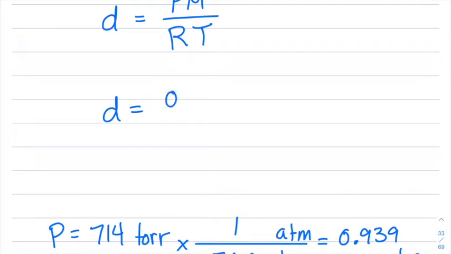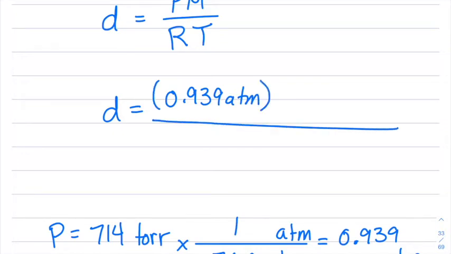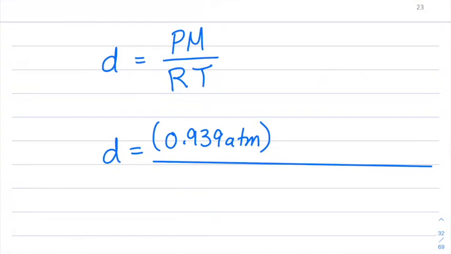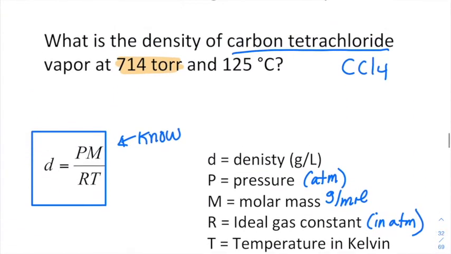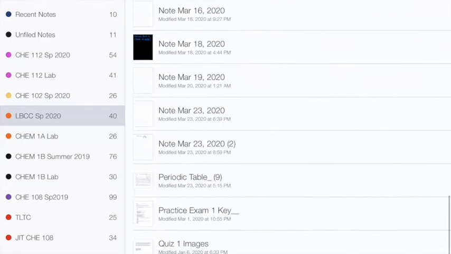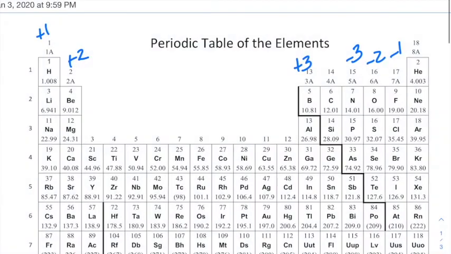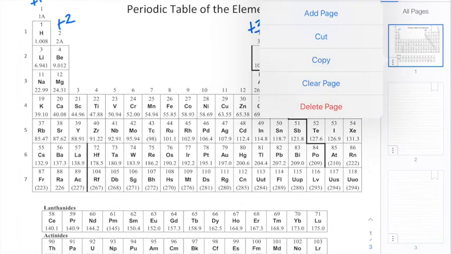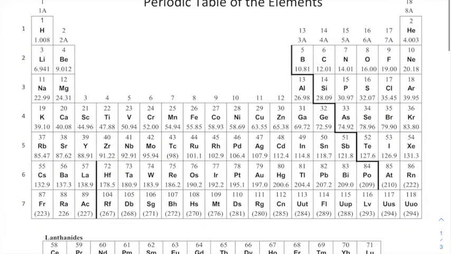All right, so our pressure, 0.939 atm. Next up, we need that molar mass, and it is the molar mass for carbon tetrachloride. So let's go to our periodic table. All right, so we are looking for carbon tetrachloride, so 1 carbon and 4 chlorine.